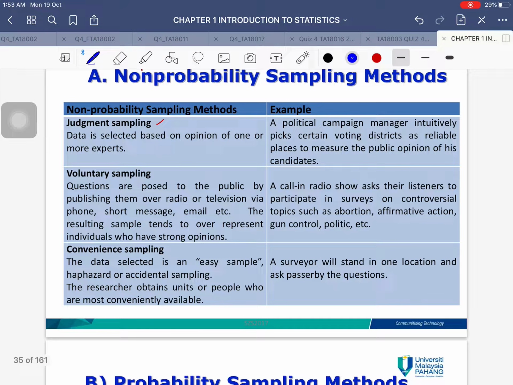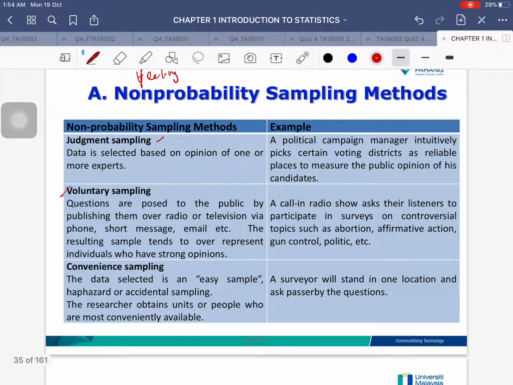Alright, voluntary sampling. The easiest example is something that happens on TV or a radio show. I think a radio show is the most common one. For example, it's going to be Juara Lagu soon. During Juara Lagu, the radio asks the listeners which song they think is going to be the Juara Lagu this year.